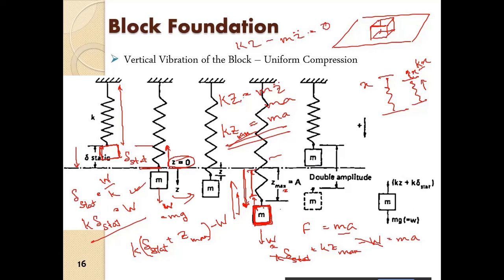The positive or negative sign will be taken into consideration when we do the calculation. So one is mass into the acceleration, which is the inertial force, plus the force from the spring is equal to 0.